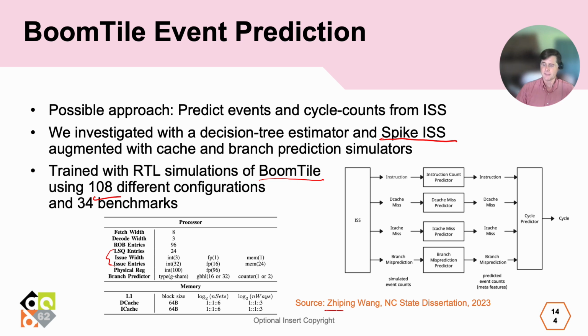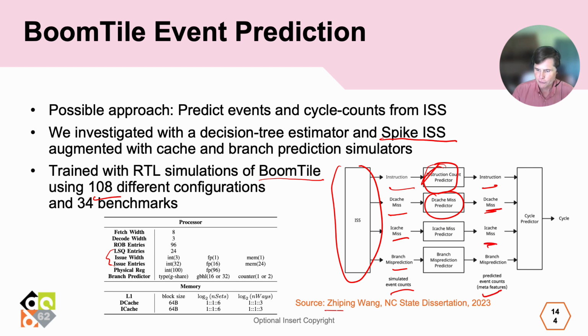number of events. And then doing that, he essentially took that instruction trace and the number of these different events counted from his simple simulator, and then put them through these decision tree estimators to get the event predictions that were needed for McPAT, and then used those to also try to predict the total number of cycles that were going to be consumed by the simulation.